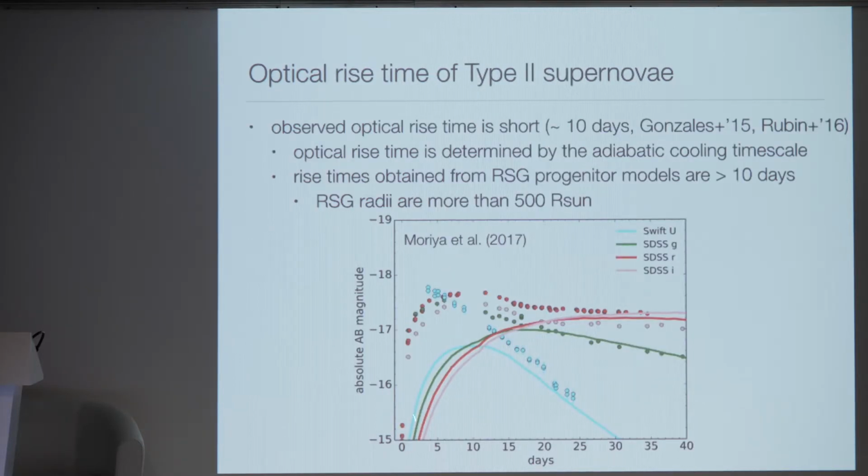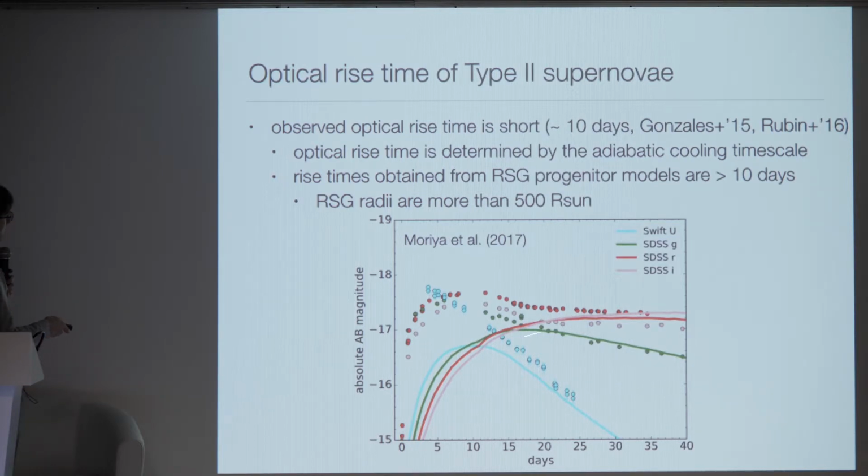This is a zoom-up of another example. This supernova was observed very shortly after the explosion, and it has a rise, and then became a type 2 supernova with a plateau. If we do numerical modeling, usually with a normal type 2 red supergiant progenitor for type 2p supernovae, the rise time will be much longer than 20 days or so.